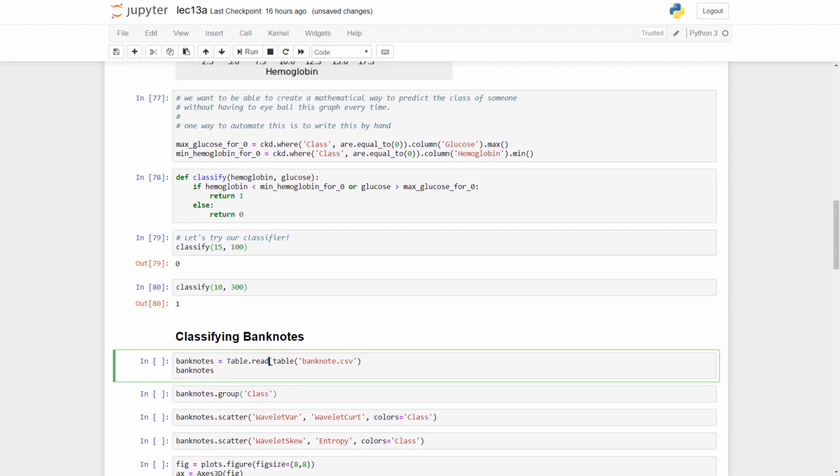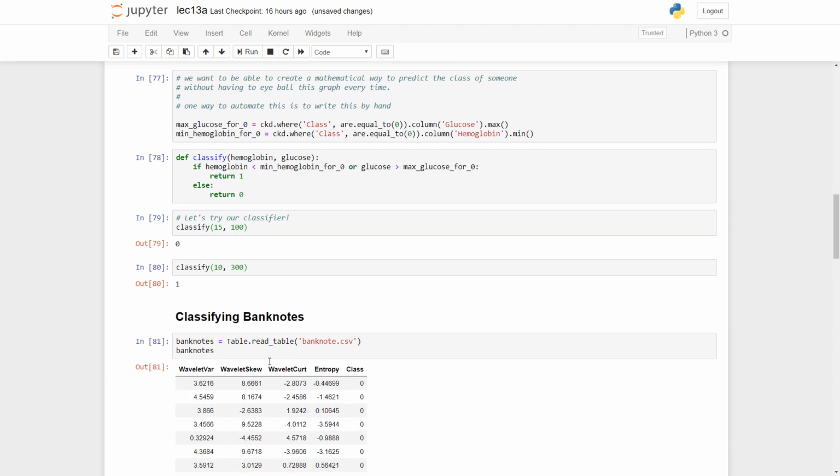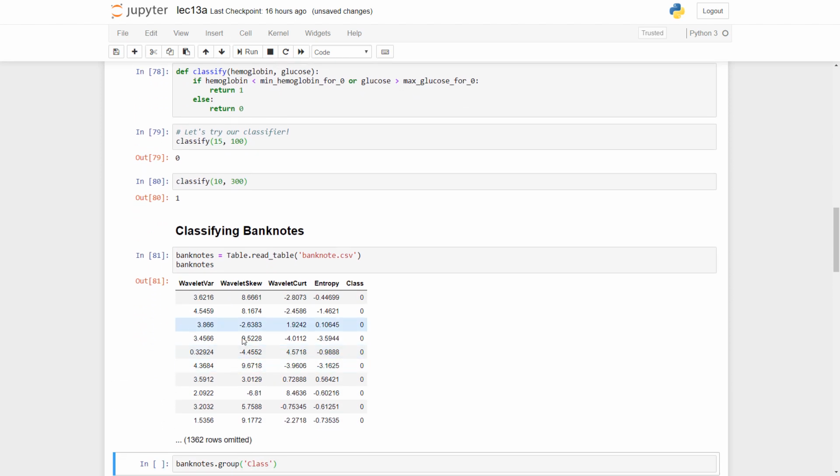So the paper money, we want to know whether one banknote is legitimate or not. So let's look at the data set. The data set here has 4 attributes. These are features or attributes that were extracted from an image of the banknote. We don't worry much about how these values are computed, but let's say that we have these 4 values for each example of a banknote.